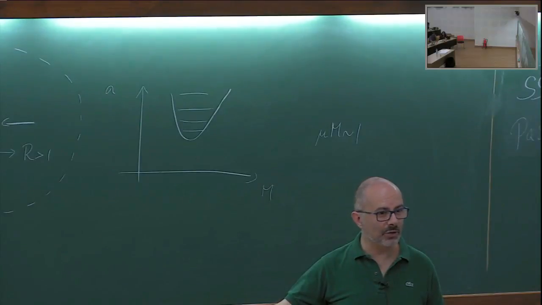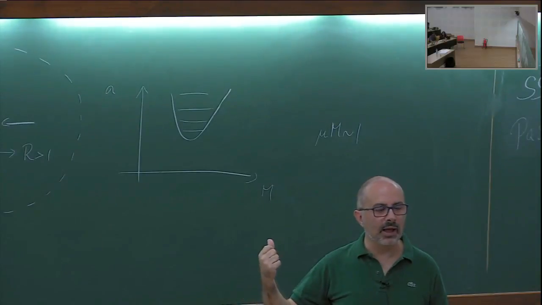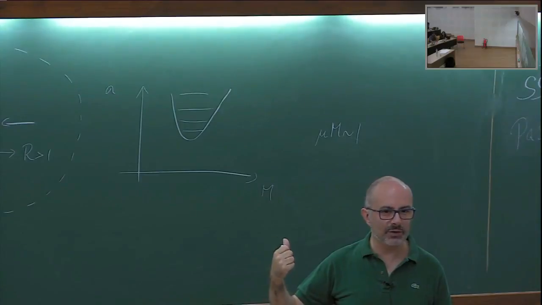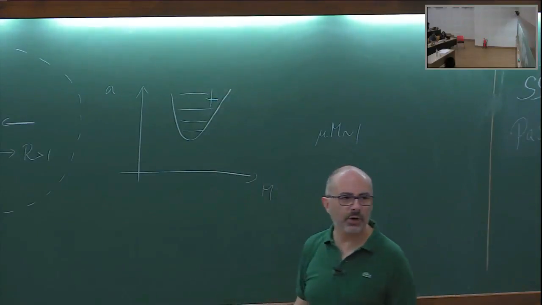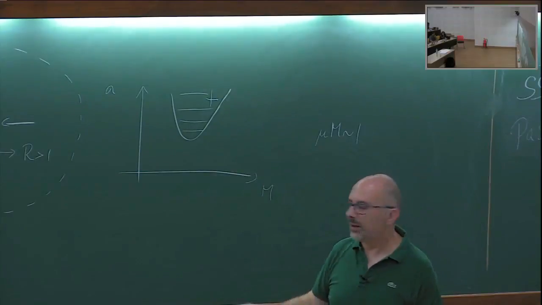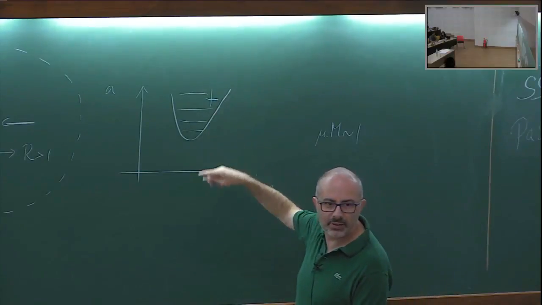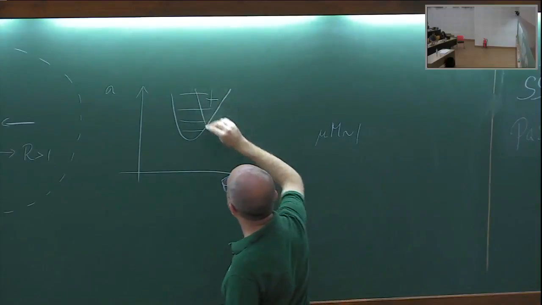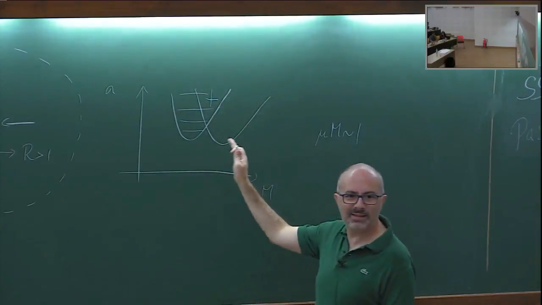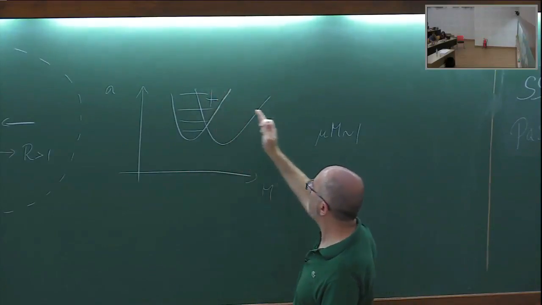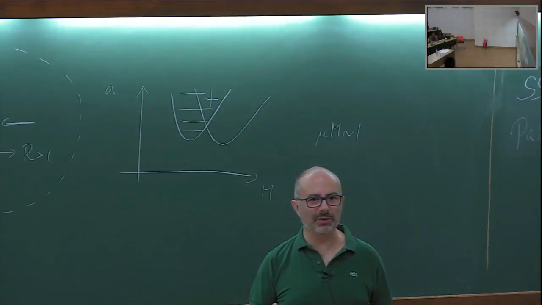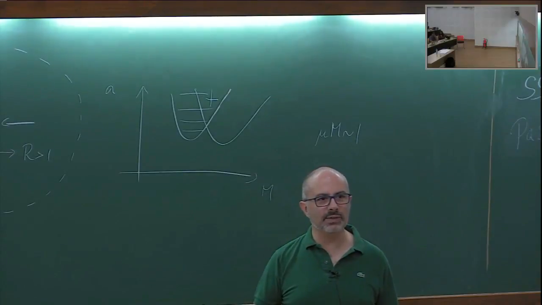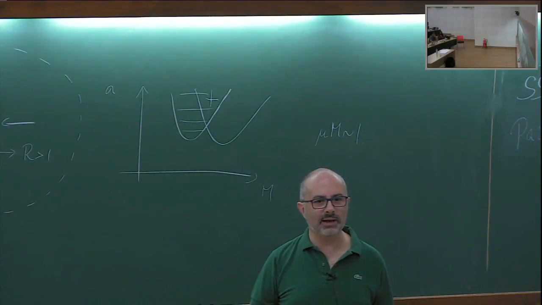And if there are measurements in that window, you can exclude a range of values of the mass of the field. Because say that you have a point here that tells you I have measured a black hole spin and mass that correspond to this with a certain error bar, then you can exclude all the masses in the range from here to here that would be incompatible with a measurement of that spin. So any spin measurement rules out a range of scalar field masses.